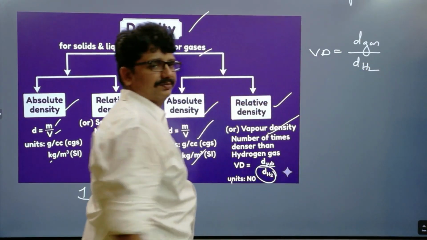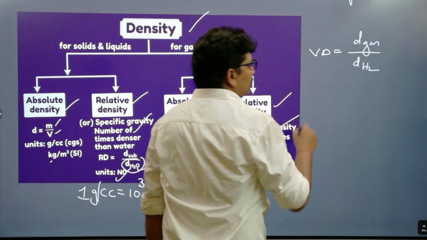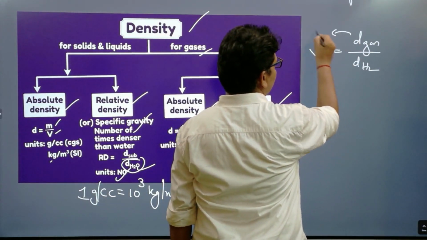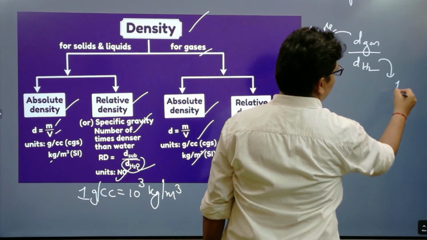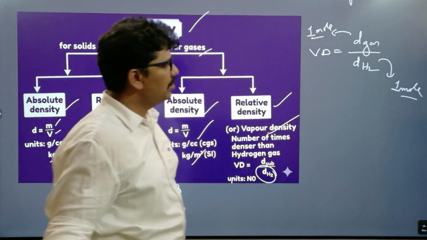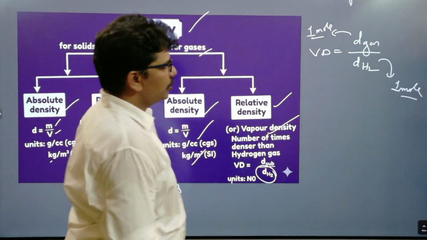This is our formula. So consider the given gas is 1 mole and hydrogen is also 1 mole. We have to take equal quantities. I am taking 1 mole hydrogen and 1 mole gas. Their density ratio is vapor density.